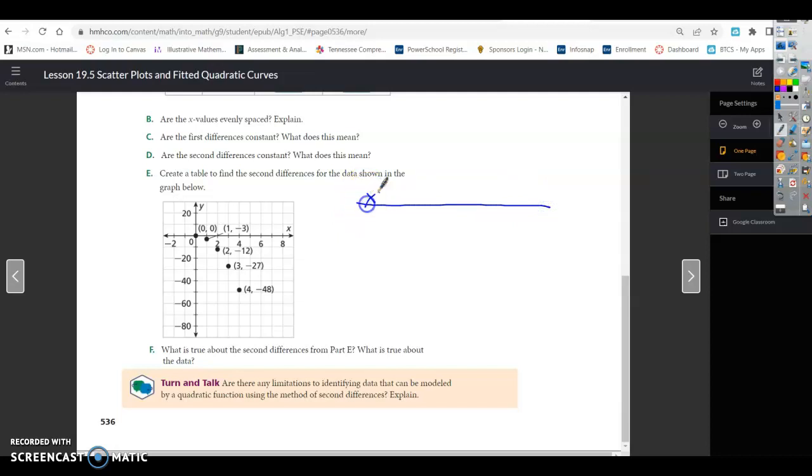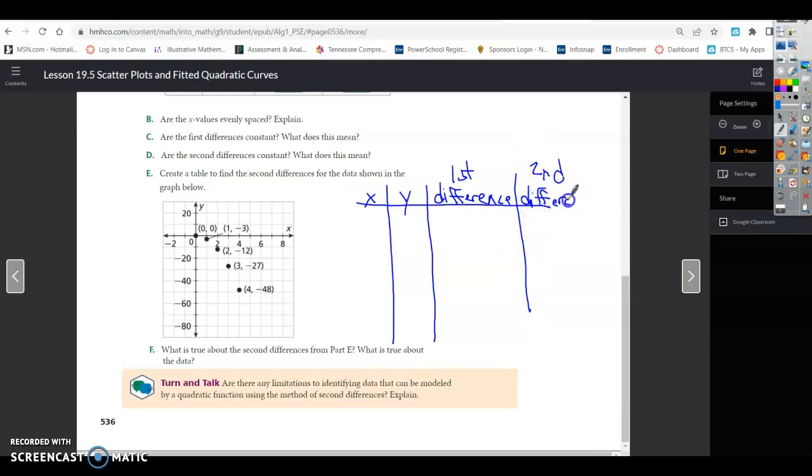Then after that, we would want to have the first difference, and then the second difference. Just like above, but now we're going to create our own table.